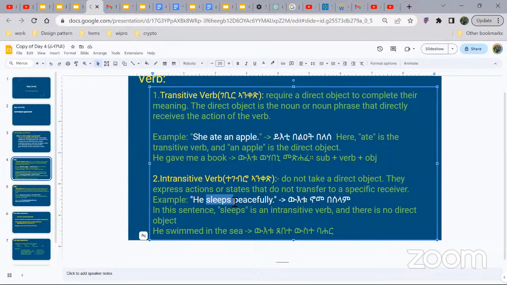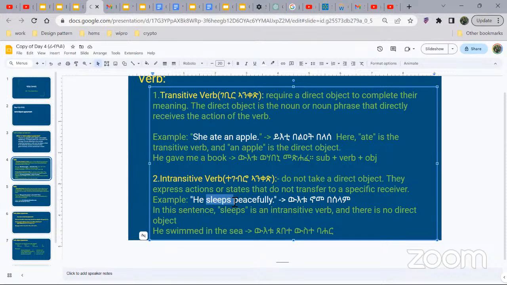Who and what. A transitive verb must have an object. Do I need an object?